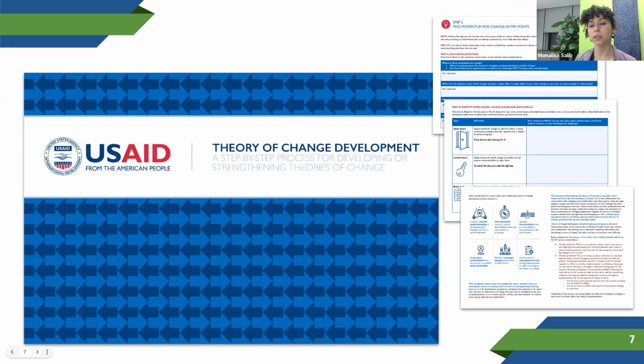A very complex, very large program, and we suggested to the implementing partner to have multiple nested theories of change within a broader theory of change. And the reason we suggested that was that each component was quite unique, and that deep dive would be very helpful in terms of really unpacking how the team thinks change will happen.